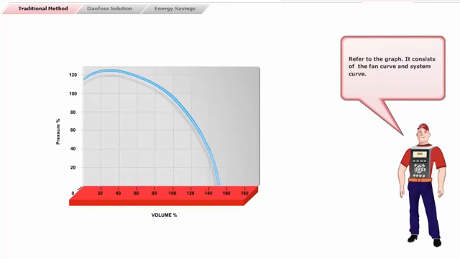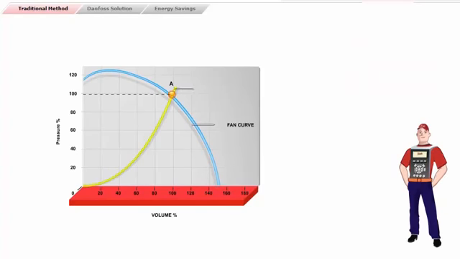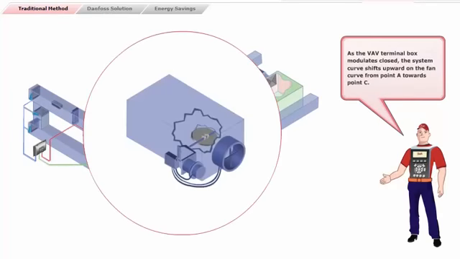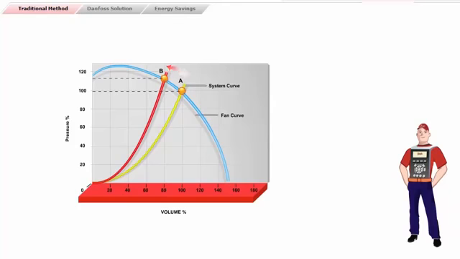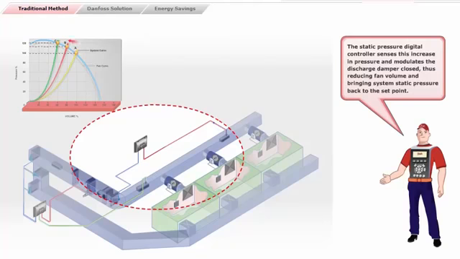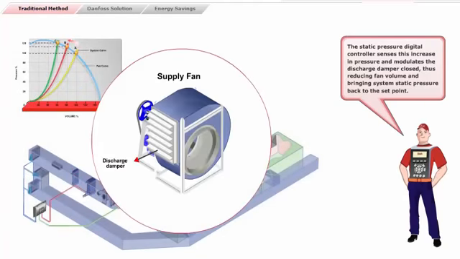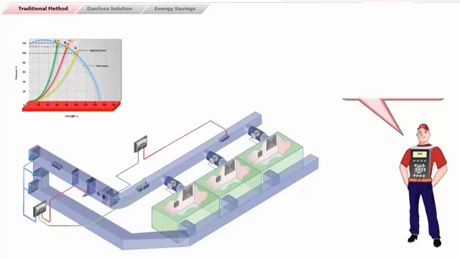It consists of the fan curve and system curve. As the VAV terminal box modulates closed, the system curve shifts upward on the fan curve from point A towards point C. The static pressure digital controller senses this increase in pressure and modulates the discharge damper closed, thus reducing fan volume and bringing system static pressure back to the set point.